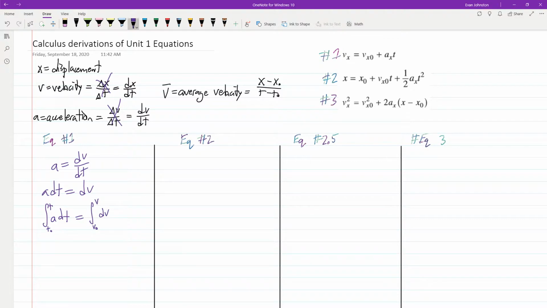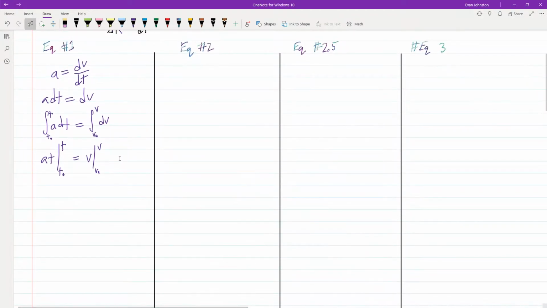And then this just becomes, in a simple way, a t evaluated at the lower and upper limit for time, and then we just have v, which is also evaluated at some lower and then upper value. As I go through with this, we can scroll down a little bit here and hopefully fit everything all at once.